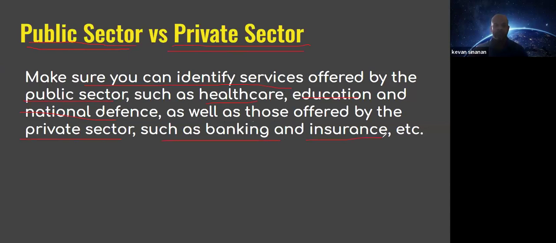Once again, for the most part, and again I'm using Trinidad, but in most countries, healthcare and education will be public. So we have all the schools, all the government schools. Those are all public, right?